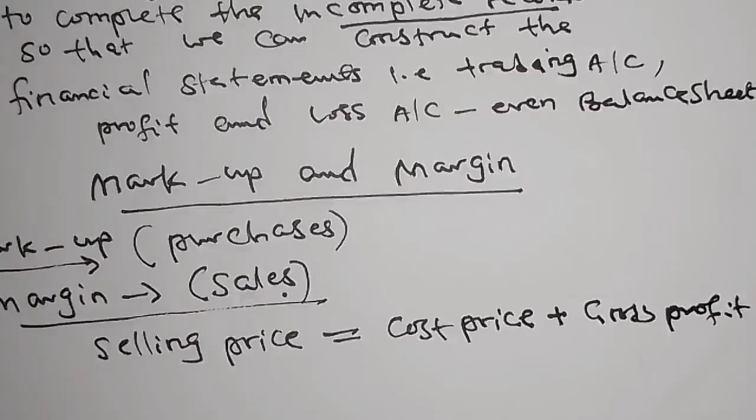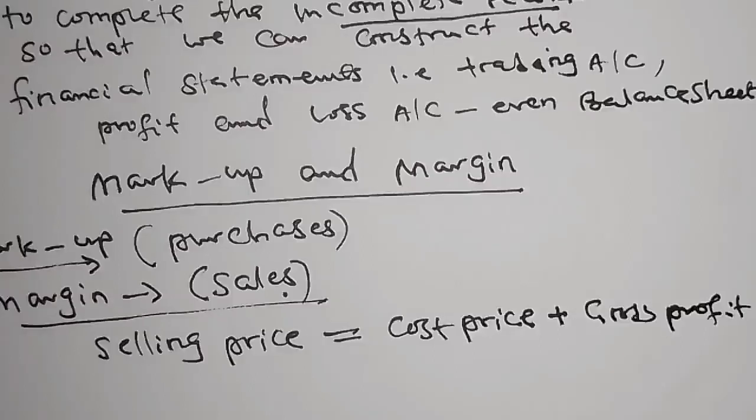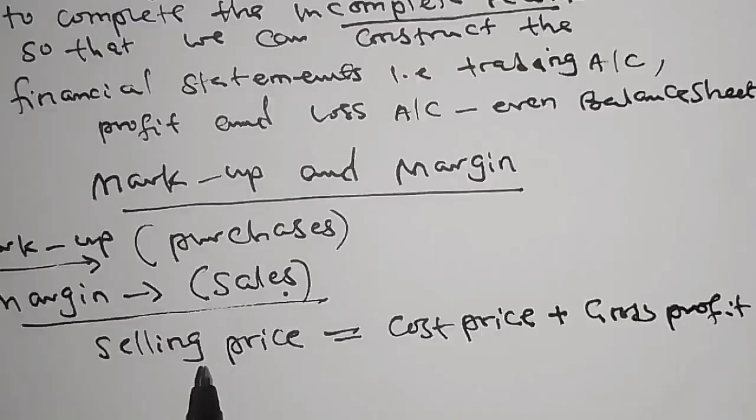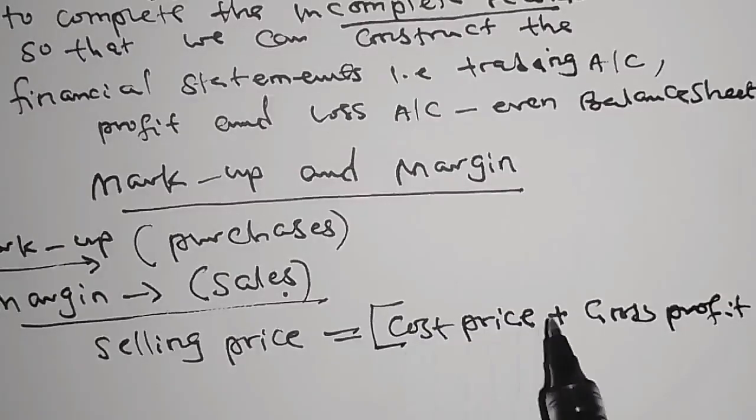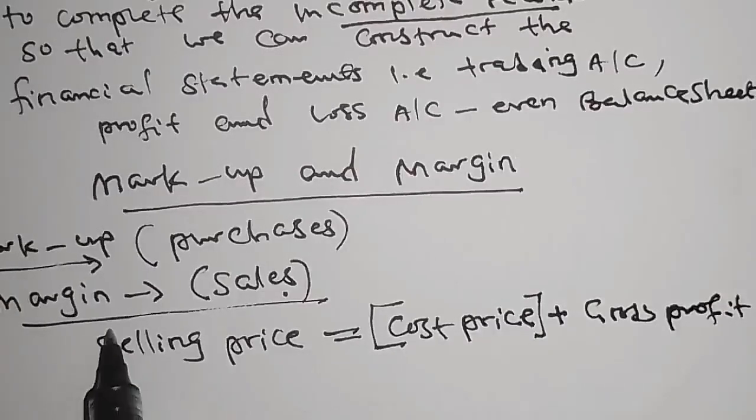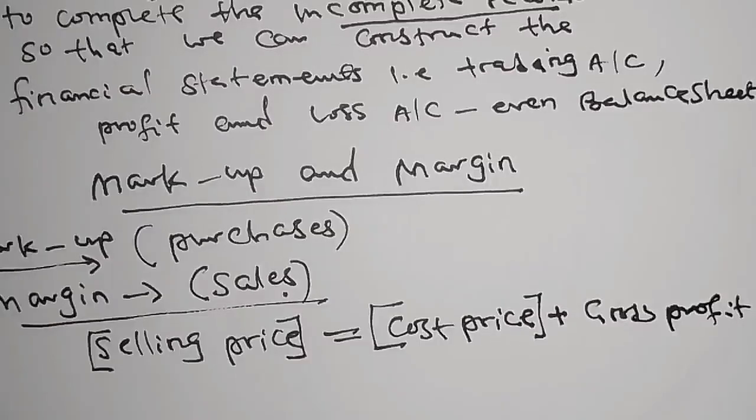So you have two things: the cost price and the selling price.